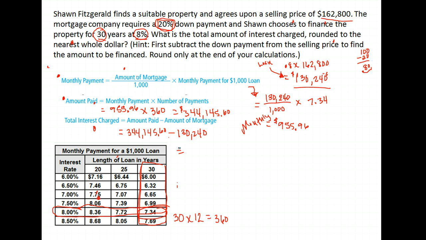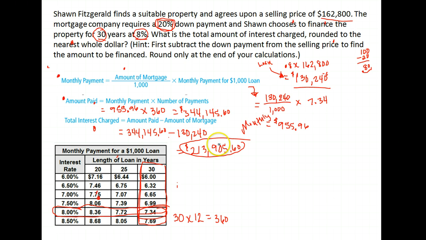If we subtract those and find the difference, that will tell us how much of his money went to interest, or how much was a finance charge, which is a shockingly large amount of money, $213,905.60 of his payment went to interest.